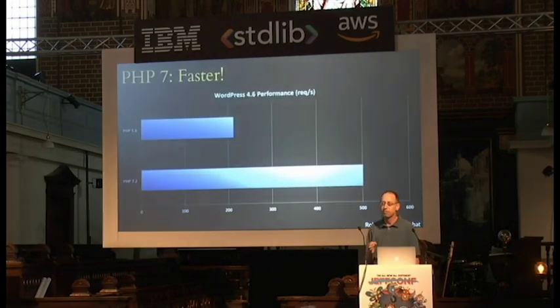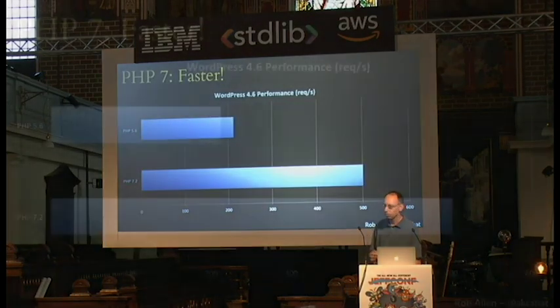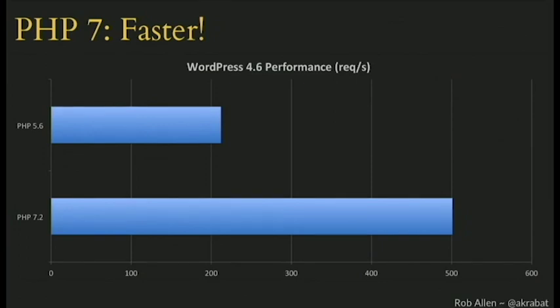It's also very fast. So what we're looking at here is a graph of PHP 7 versus PHP 5.6, and longer is better. So PHP 7 is roughly 2 and a bit times faster than PHP 5. It's a very fast language now.